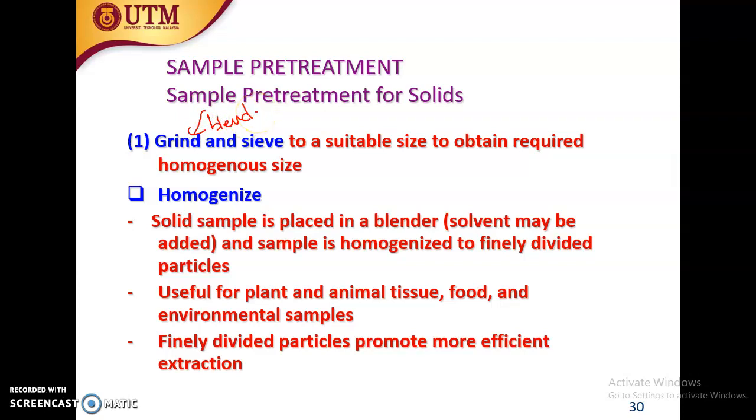Okay, after you blend it, you filter it or you sieve it so that you can get the same size. Okay, so this is the blender that I mentioned, usually useful for animal tissue, food and environmental sample, and finely divided particle will promote more efficient extraction.